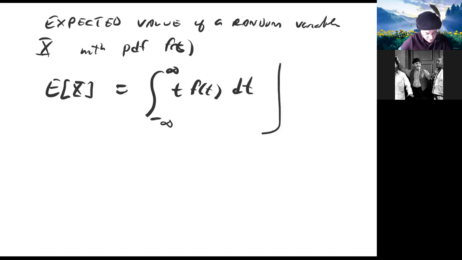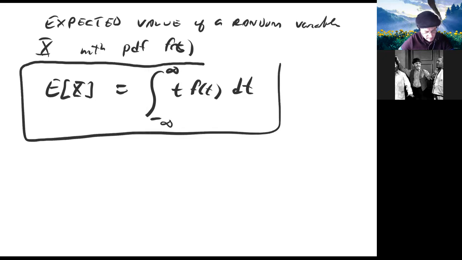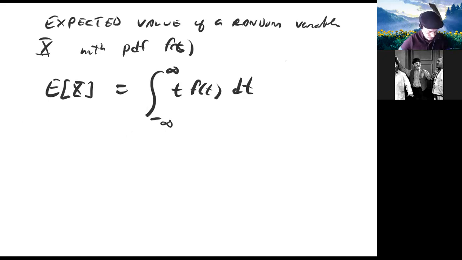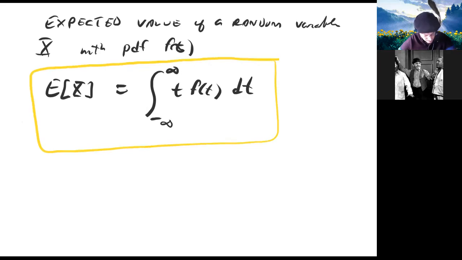So that's the definition of the expected value. What I want to do in closing is do one or more problems, and then I'll close with one more distribution.